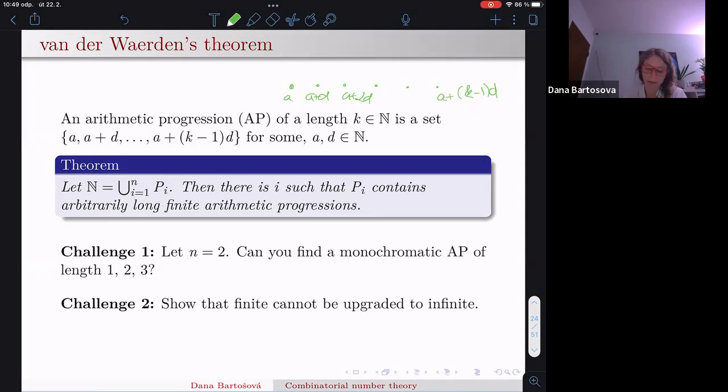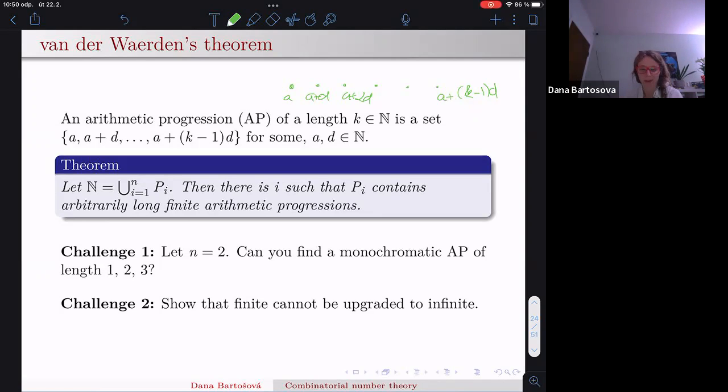I could also phrase it differently: for every k, one piece is going to have an arithmetic progression of length k. But you can be more demanding, and that is you will have one piece that is going to contain all of them at the same time. And this is a trait that happens when you use ultrafilters.